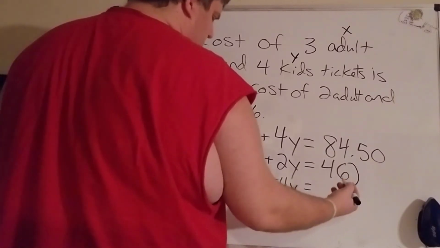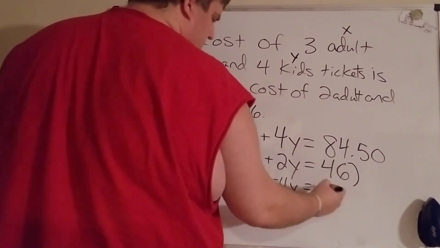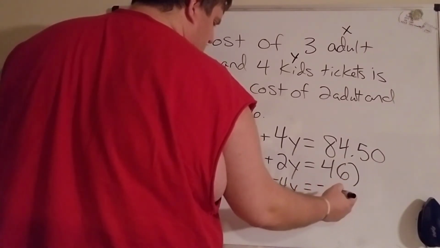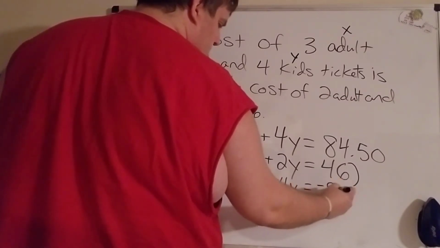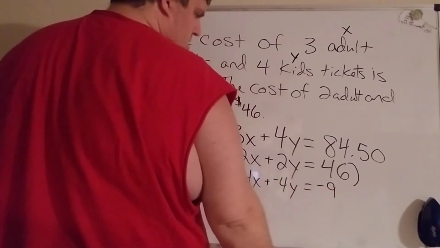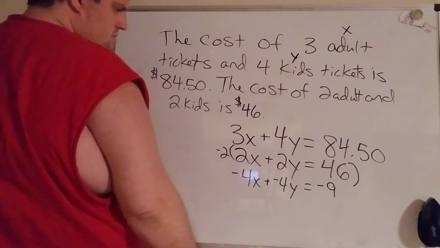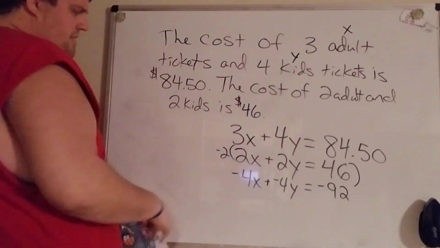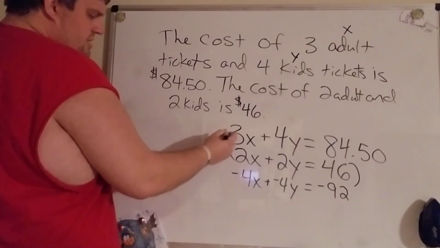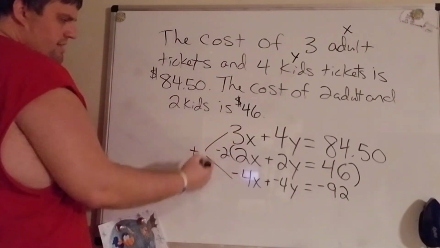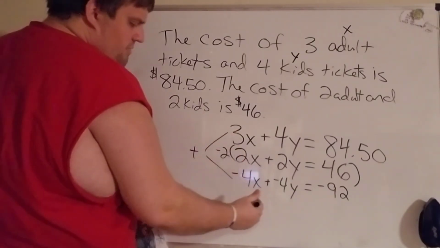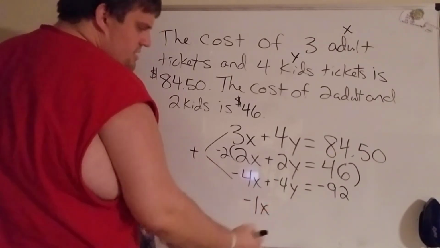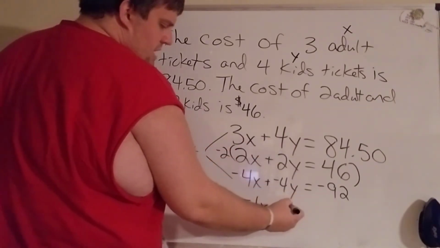That's going to be something. 80, negative 90. Two, yeah. I was just looking ahead. And then we can add them. So these two add together. 3x plus negative 4x is negative 1x. 4y plus negative 4y, there's my 0.